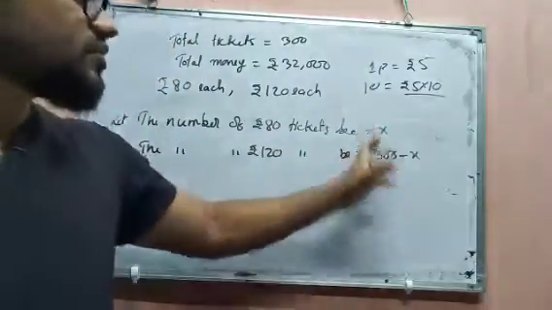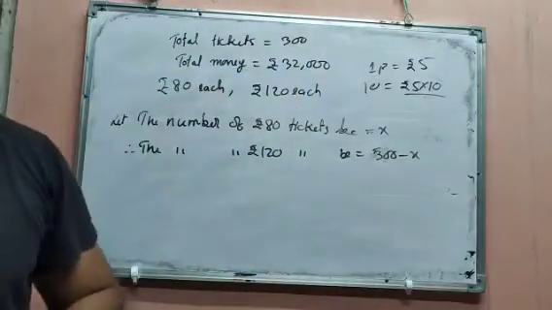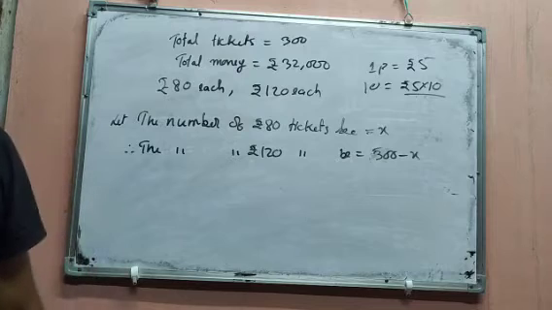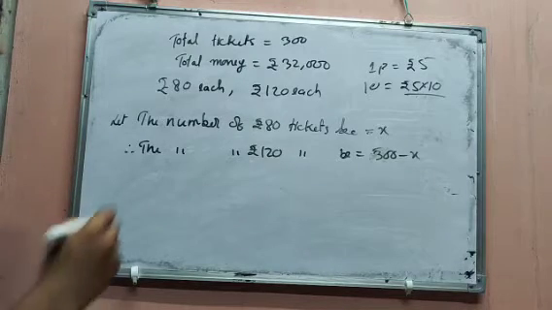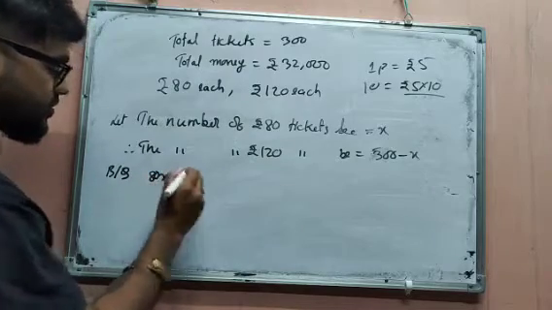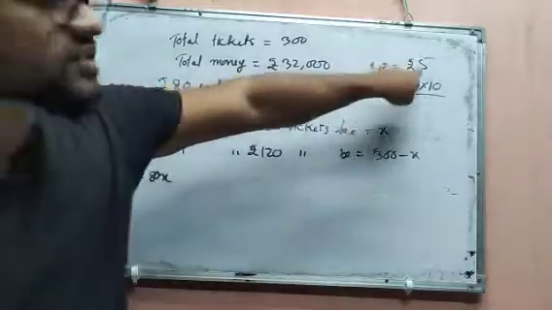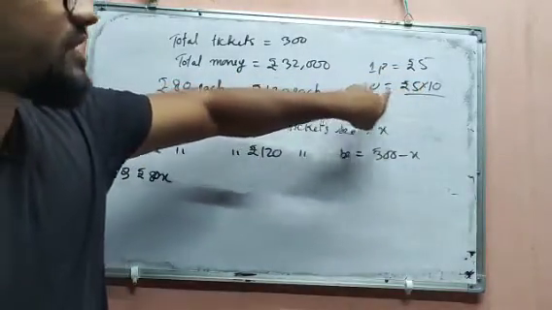Now these two amounts will be equal to 32,000, because the total money is 32,000. So simply we have to put the numbers. By question, 80x. Why is it 80x? Because one packet of biscuit costs rupees 5, then 10 packets will cost 10 into 5.